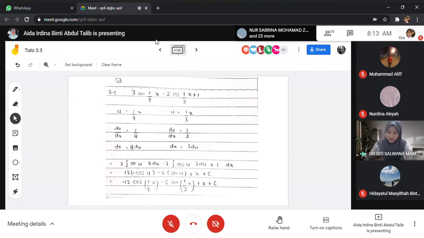Unless kalau dia kata solve using u substitution, you kena guna substitution lah, u. Kalau dia tak ada cakap state u substitution, kita boleh directly integrate lah. Boleh kan? Boleh tak?